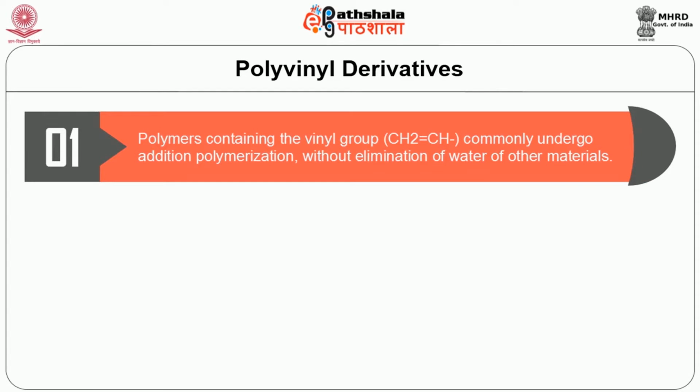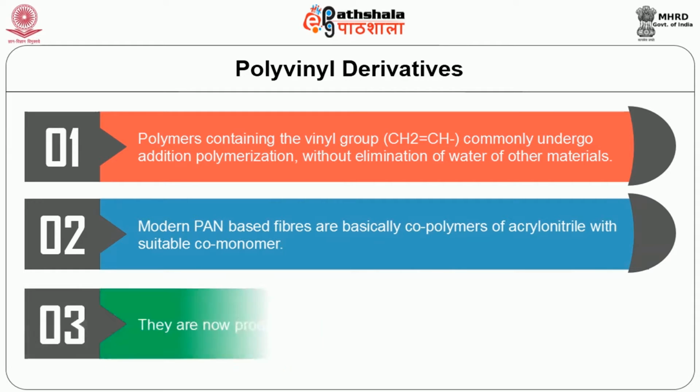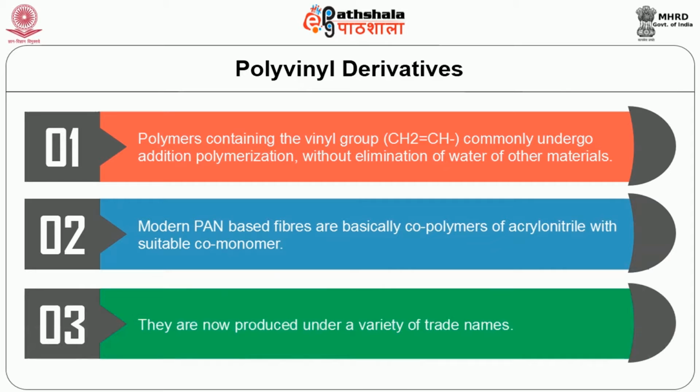Polymers containing the vinyl group CH2=CH commonly undergo addition polymerization without elimination of water or other materials. Modern polyacrylonitrile based fibers are basically copolymers of acrylonitrile with suitable comonomers. They are now produced under a variety of trade names.